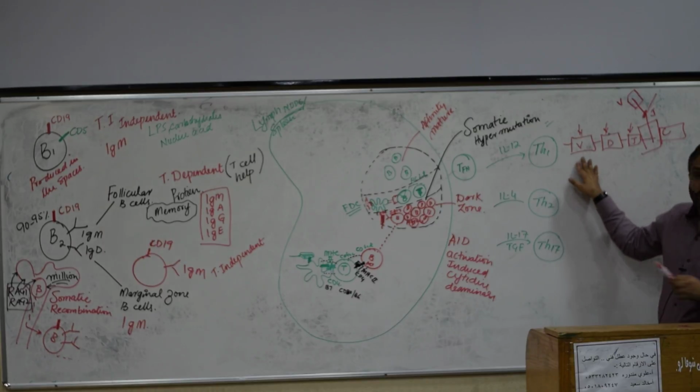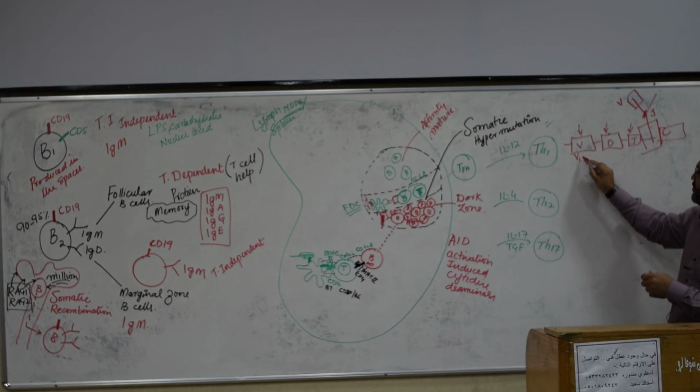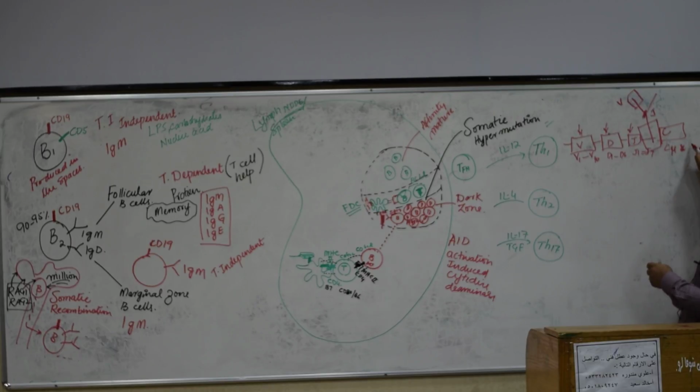There are lots and lots of possible genes of V. Let's say, I'm just giving you an example, V1 to V40, D1 to D6, J1 to J7, C mu, kappa, E or D. So these are the different genes possible.